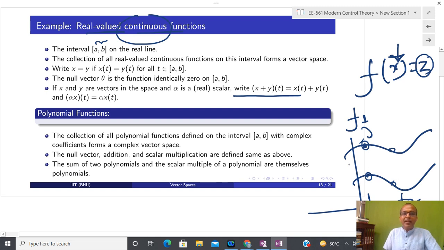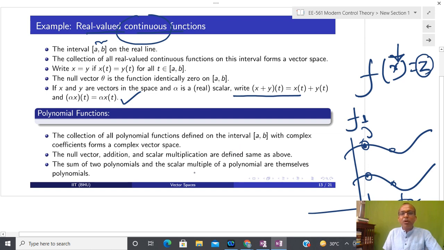Similarly, whenever I have to define the scalar multiplication, I will detect the point and scale it down or scale it up. In that way I can define the operation. So the software program tells us how to define the operation, and at the hardware level no extra hardware is required to deal with it.